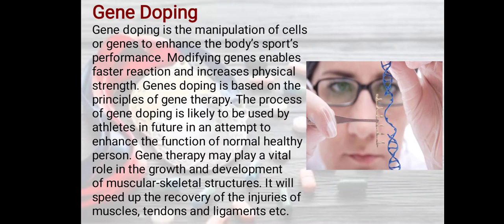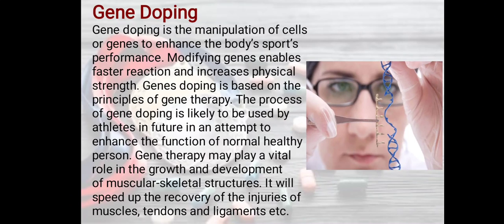You can see that modifying of the gene helps to increase the performance of an individual. So this is also one of the therapies. This gene doping has been possible through gene therapy. But whenever such types of athletes participate, whether they have doped with blood doping or gene doping, it has been found out after all.